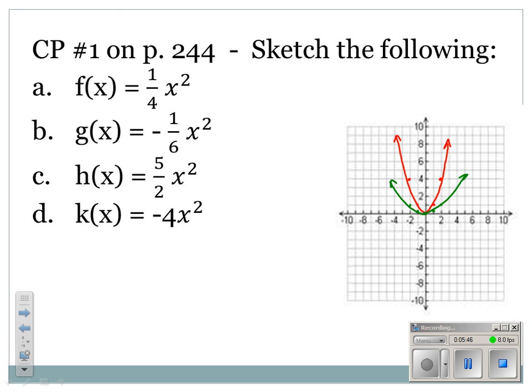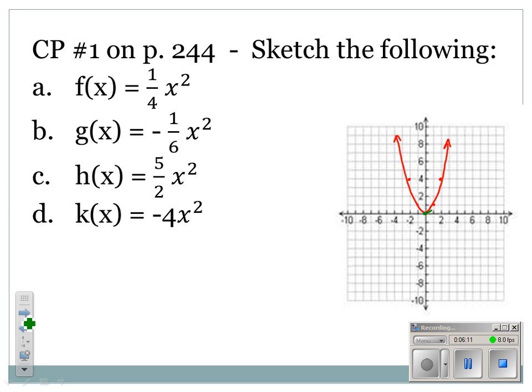The second one, if you notice, it has a fraction of 1/6 plus it has negative 1/6. So that coefficient is negative. We just talked about the fact that that's going to make it open down, and it matches what we talked about with our last chapter. If there's a negative out in front of the function itself, it's going to reflect down.